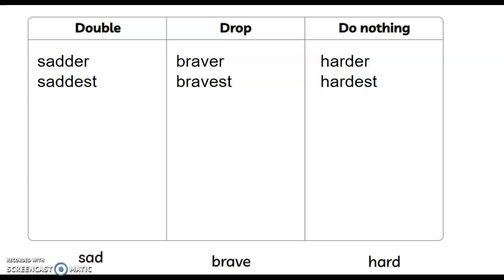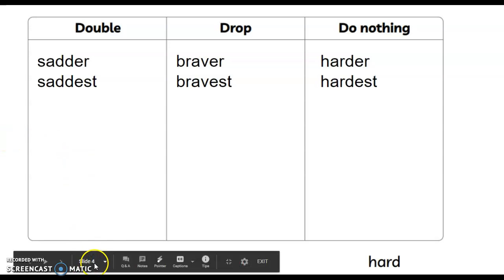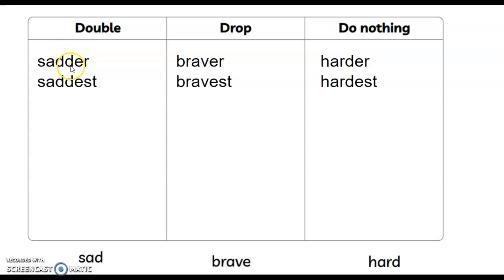So if that is the case, then you need to double the consonant before adding either the ER or the EST suffix. And that's what I've done here. Can you see? I have looked at the D, I've doubled the D, okay, so there are 2 Ds here, and I've done the same here. I've doubled the D, and then I've added the EST suffix, okay?